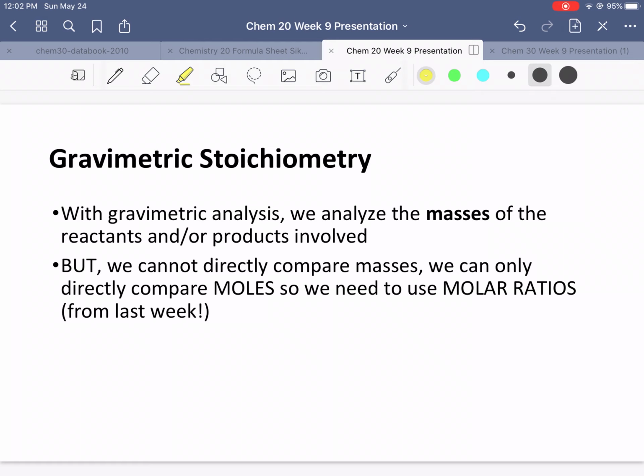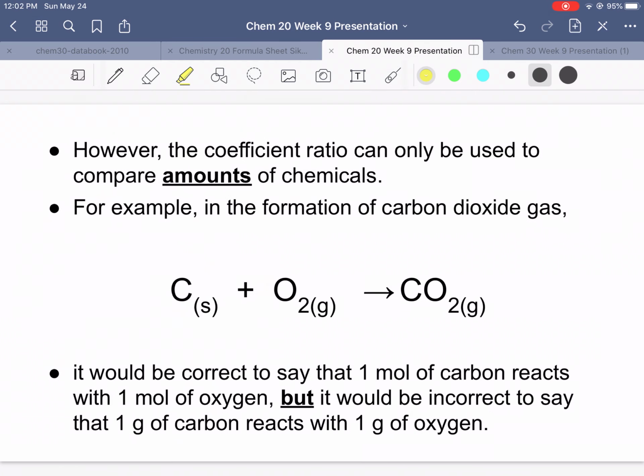So now with gravimetric, like I mentioned, our focus here is on masses. So in terms of a direct comparison, we have to compare the moles. That's all we can do. And we have to revisit that concept I introduced you to at the end of last week with mole ratios. If we want to compare mass to moles, how does that work?